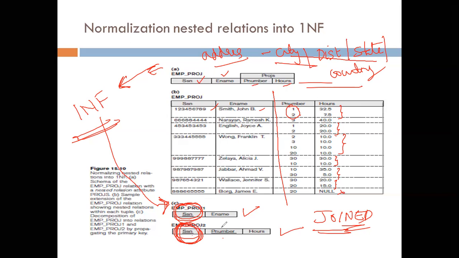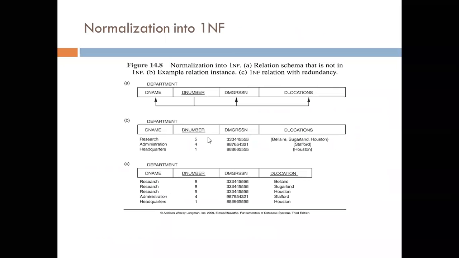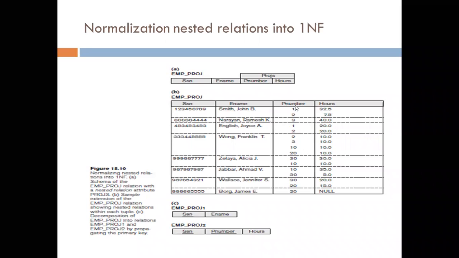But in the previous example, if we go back in this table, we have made department number and department location both as part of primary key. We were able to do it because only one attribute was such that it has a multiple value. But in the next case, it is not so because here two attributes are there. So if more than one is there, then we have to divide it to bring it into first normal form.